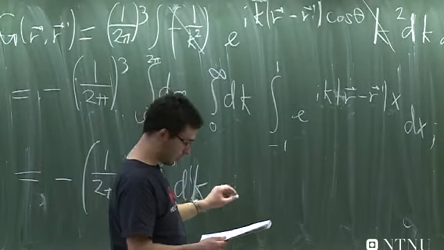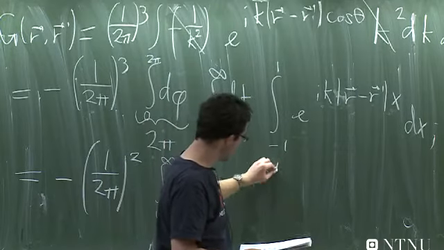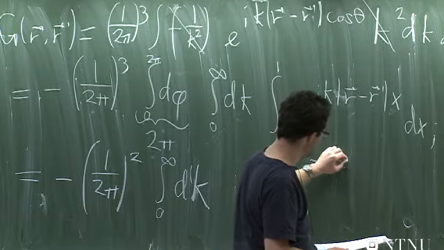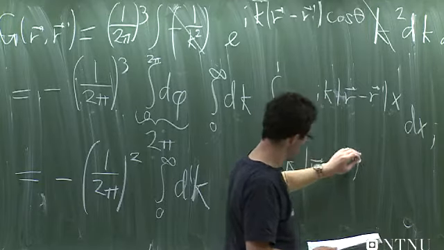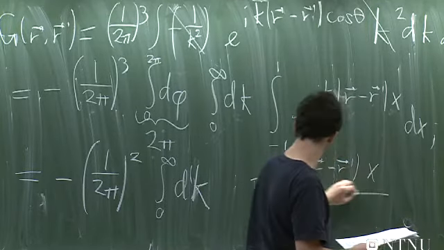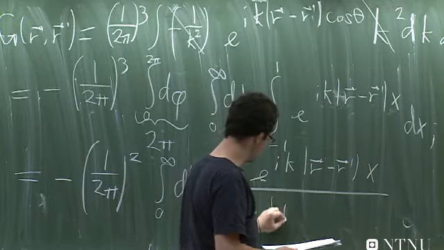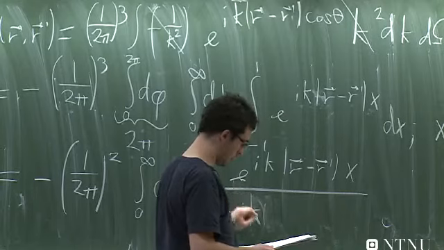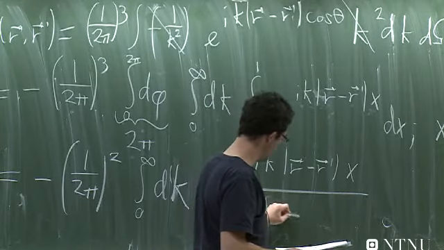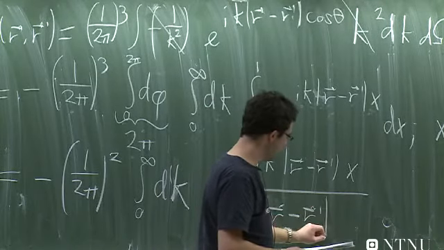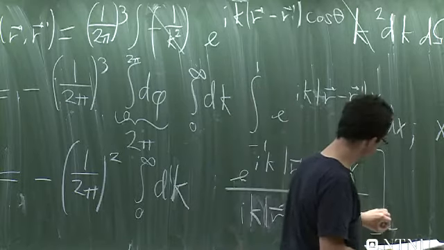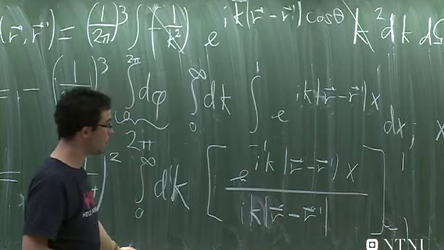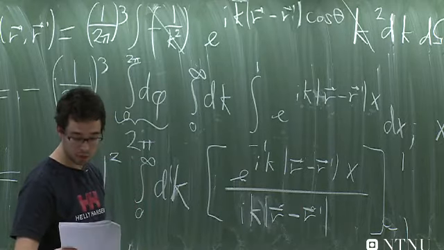It's just an exponential, so it's e to i k (r vector minus r vector prime) x over i k (r minus r prime), from minus 1 to 1. And now we're out of space.